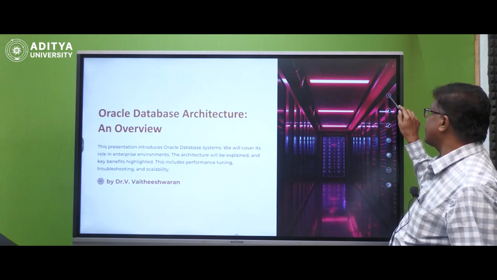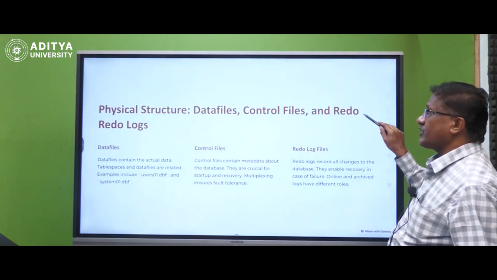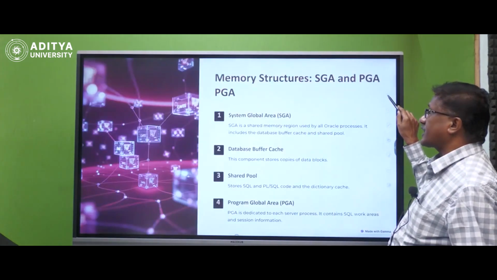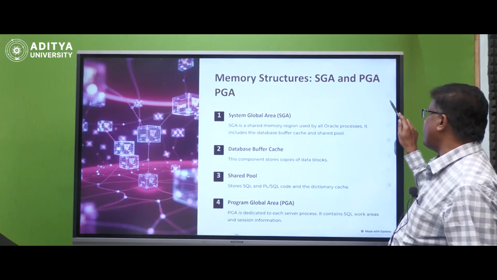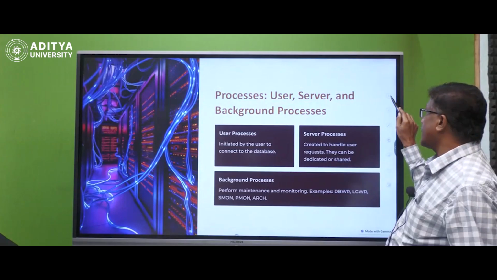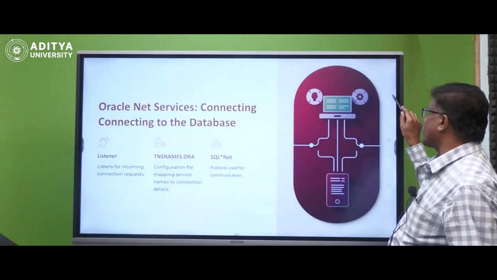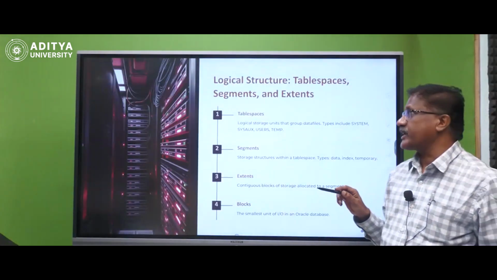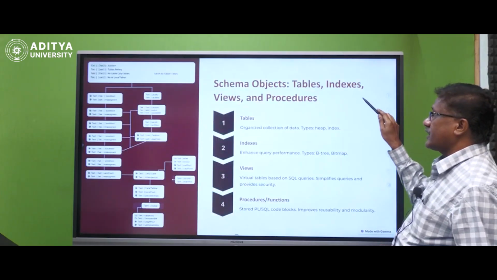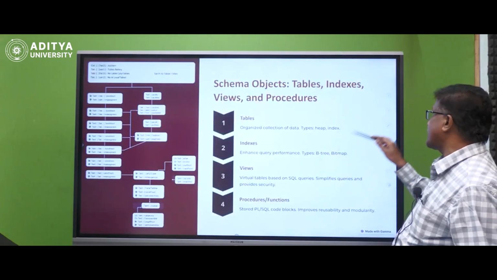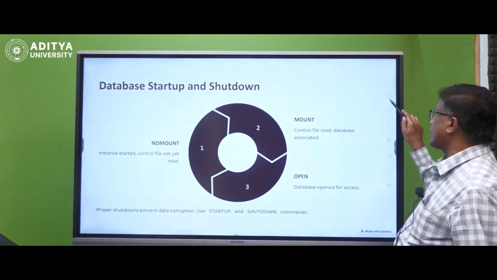The architecture involves the physical and logical architecture, and the memory structures, SGA and PGA, and processes at the user level and server level, along with connectivity for internet-oriented applications with Oracle technology. The schema objects, such as tables, indexes, views, procedures and functions, play a very important role.